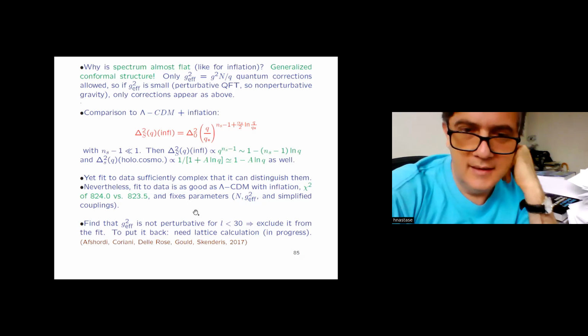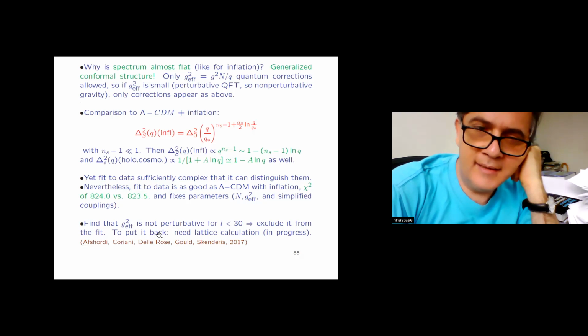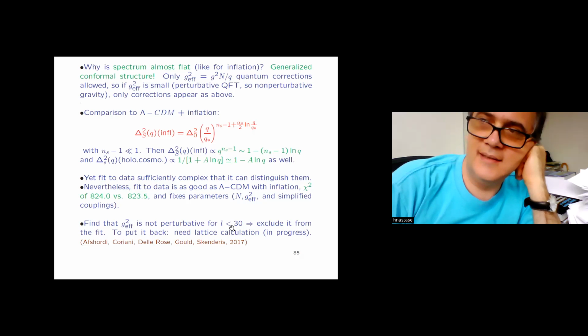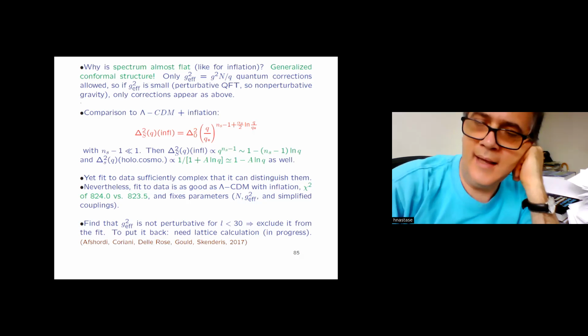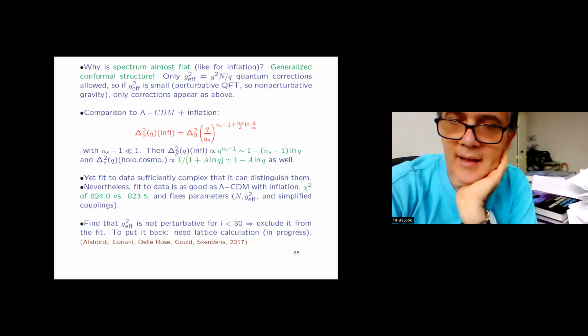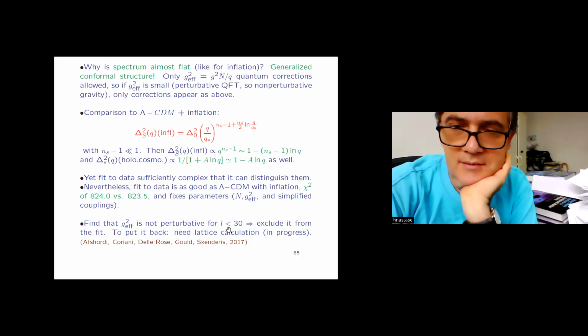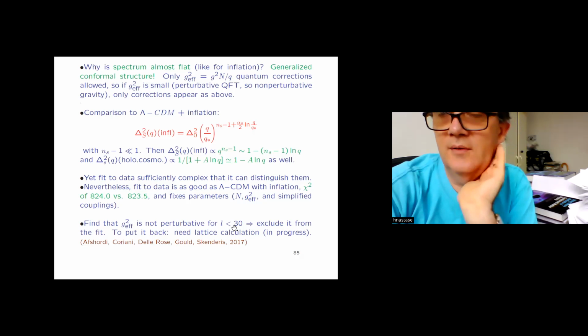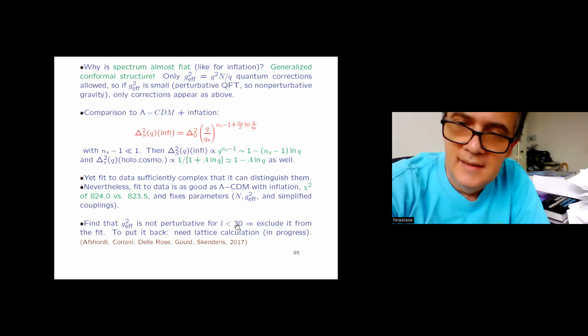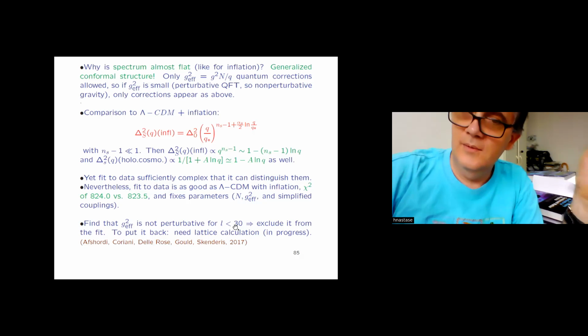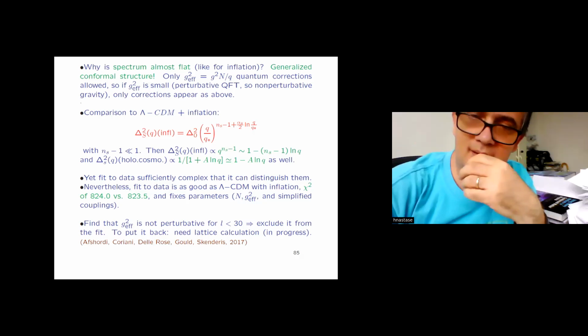One thing that one finds is that in the CMBR, if you look at angular L less than 30, where L is like momentum, roughly speaking, these are very large angles on the sky.